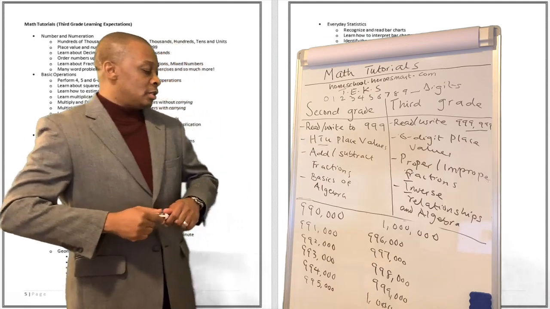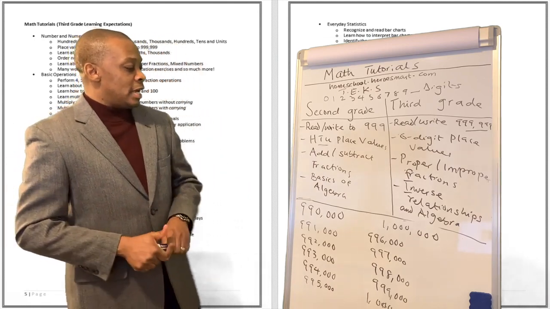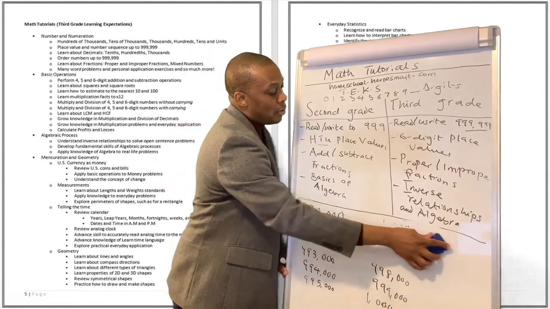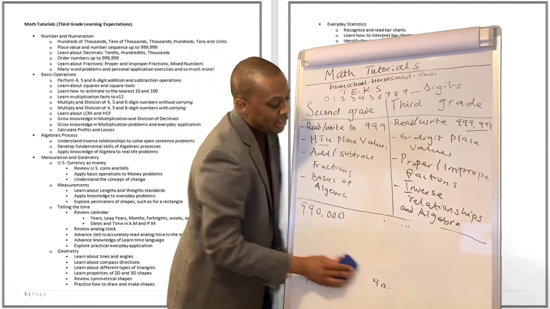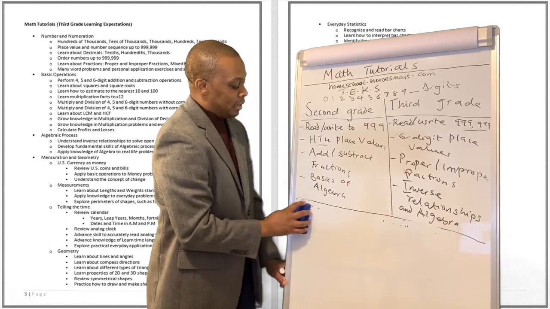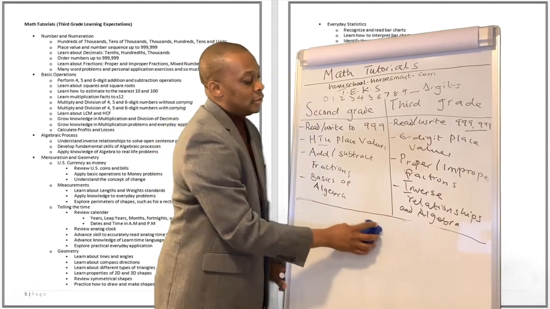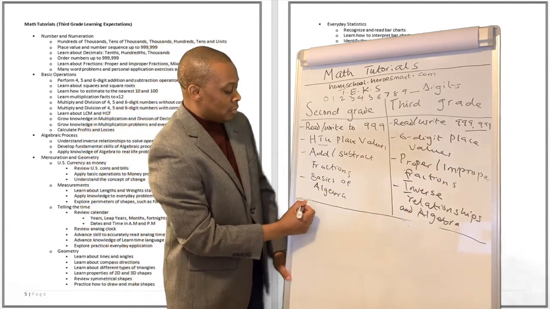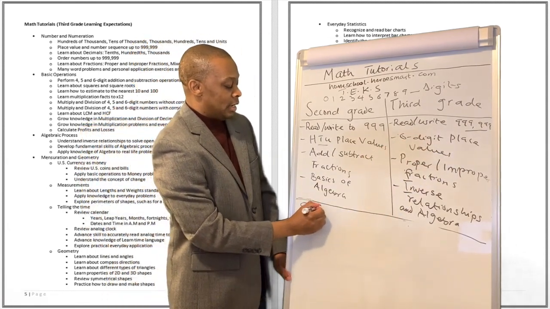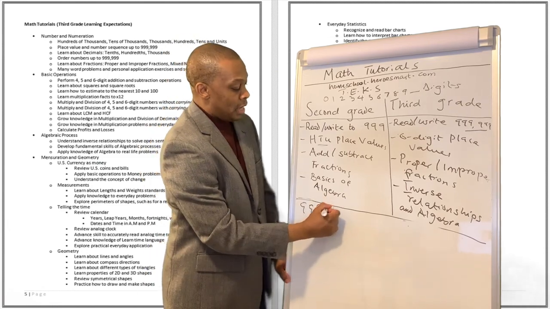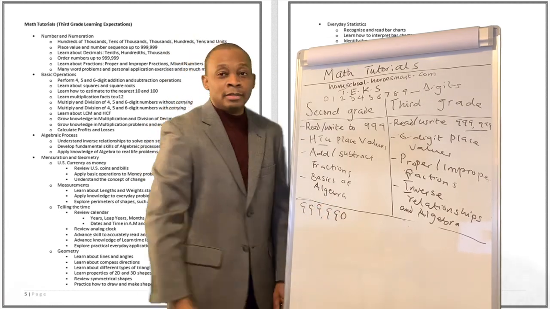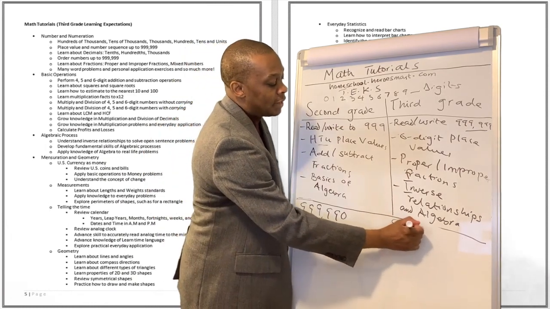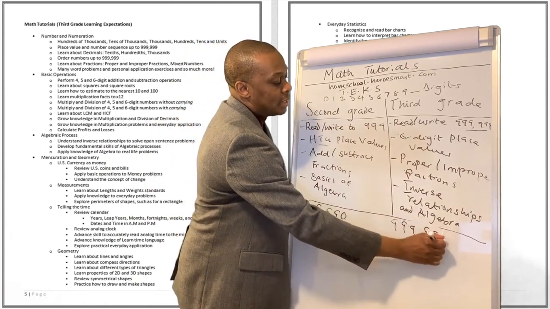And then they can count by ones. You teach them, well, let's try to count by ones so you can see that 999,999. So how do we count by ones to get to this number? Say, well, we're going to count from 999,990 up until we get to 999,999.